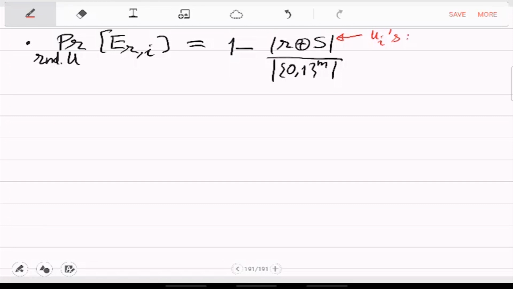These are the UIs such that UI is in R plus S. And since ERI is the event that UI is not in R plus S, we subtract that out, and then what you get is 1 minus size of S divided by 2 raised to m.